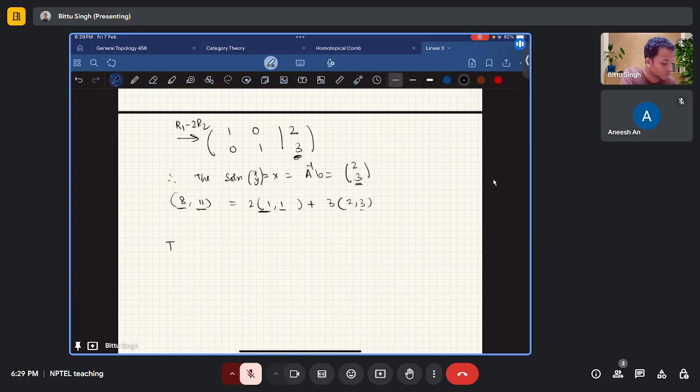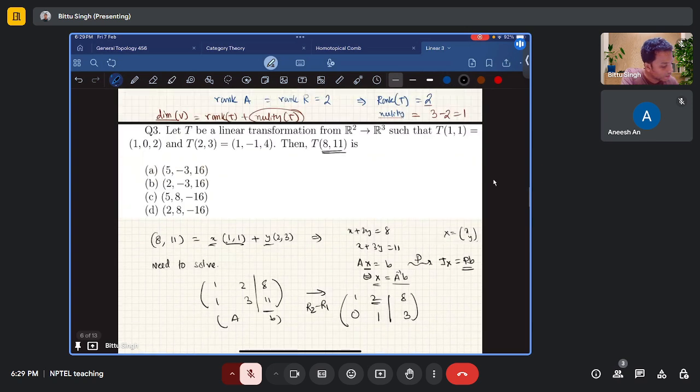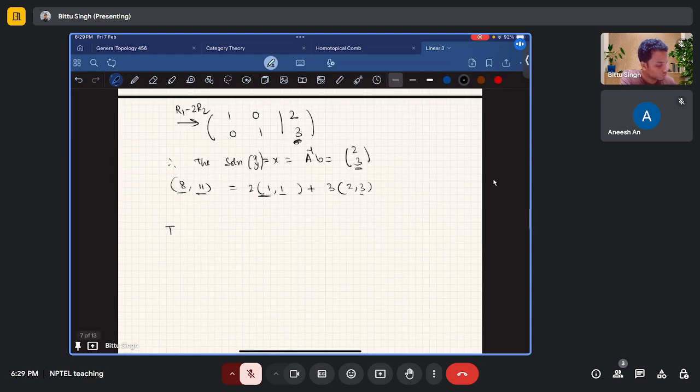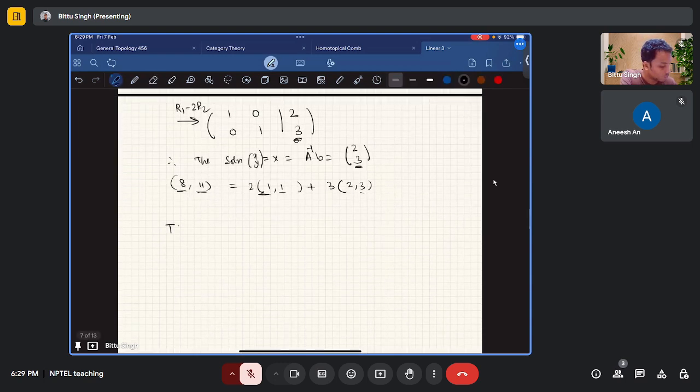So now, what is the equation for T? T of 1 comma 1 is 1 0 2.